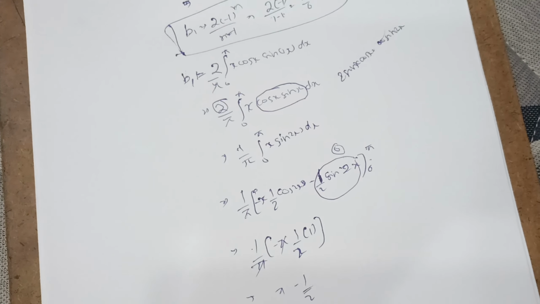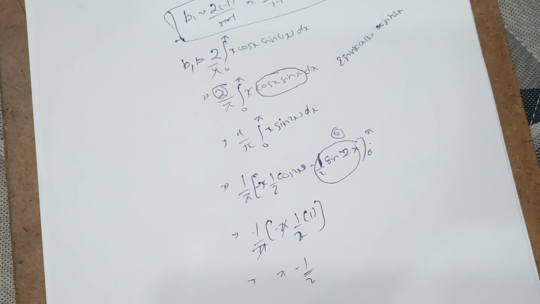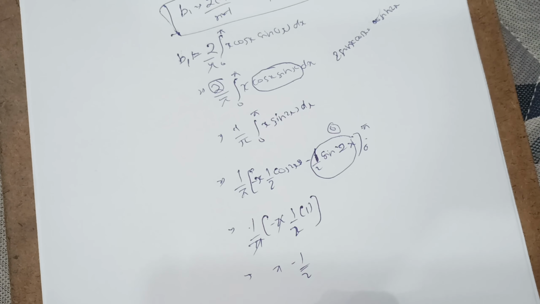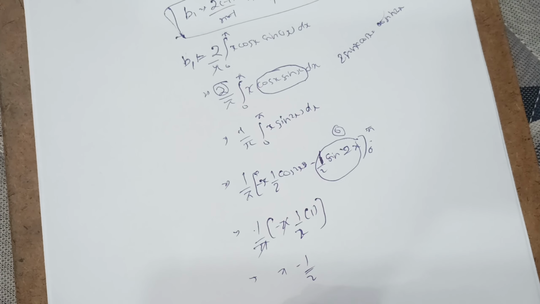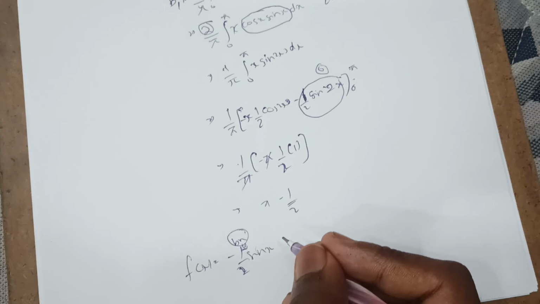So here next we should find b1 value. F of x equal to minus 1 by 2 sin x, b1 equal to minus 1 by 2. So here it is minus 1 by 2 here.